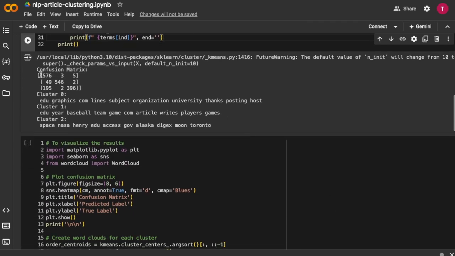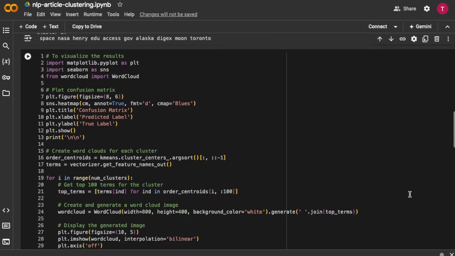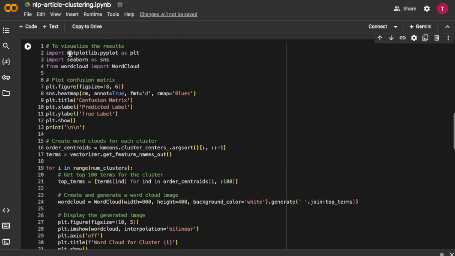So instead of talking about the confusion matrix and the top terms in the clusters like we have in the text output, we can do a visualization and look at the results that way. I chose to visualize these results using matplotlib, which is a common visualization library in this Python sequence of machine learning, deep learning, natural language processing libraries.